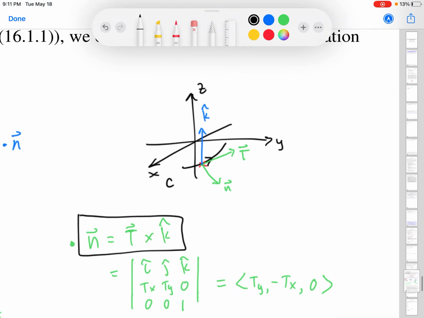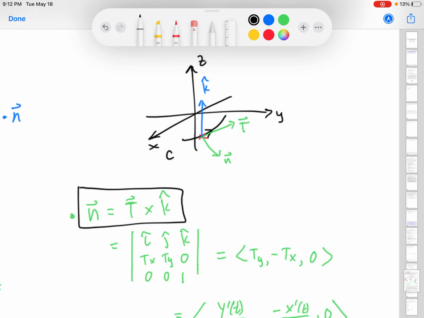If I start writing that out, my tangent vector is tangent to the plane curve C, so it has two components, tx and ty. If I view it as a vector in 3-space, then it would have a 0 z component. And the vector k hat, the standard unit vector pointing in the z direction, has components 0, 0, 1. I've done this cross product out for you, and this is the vector we get.